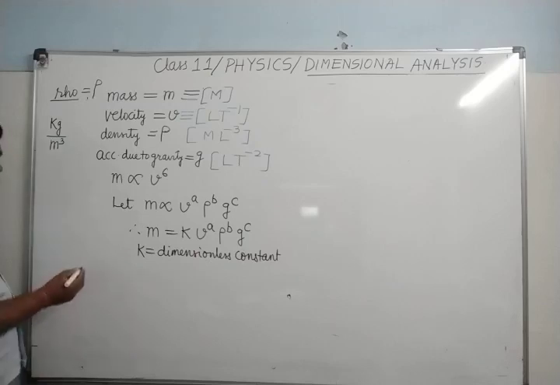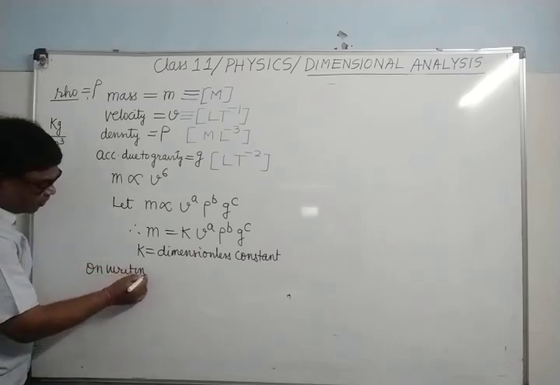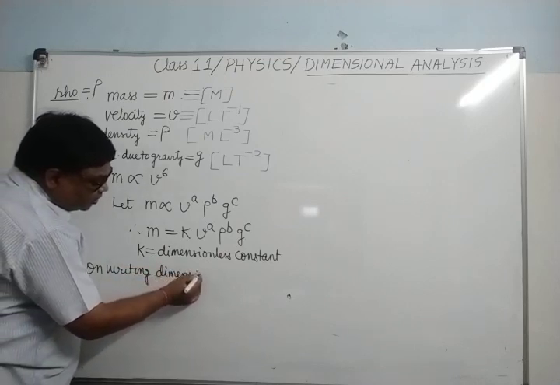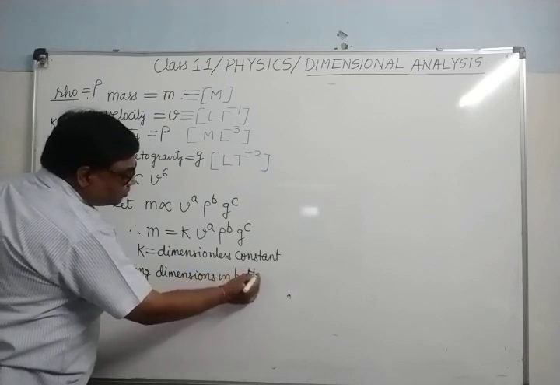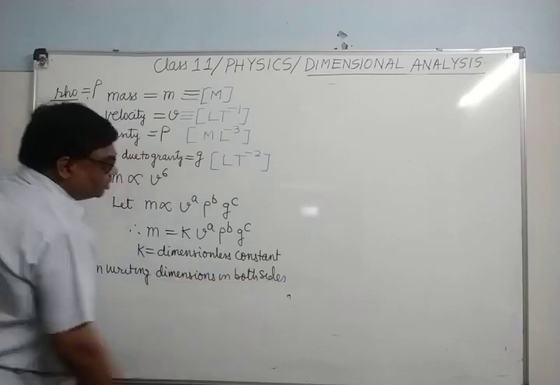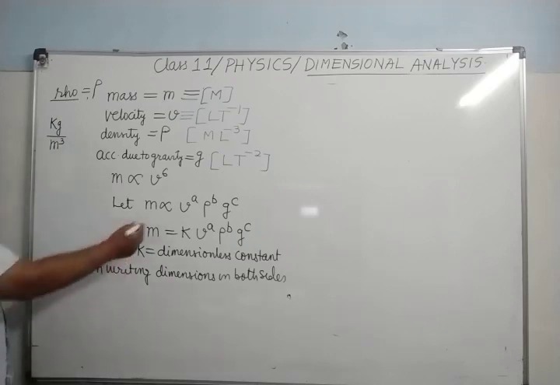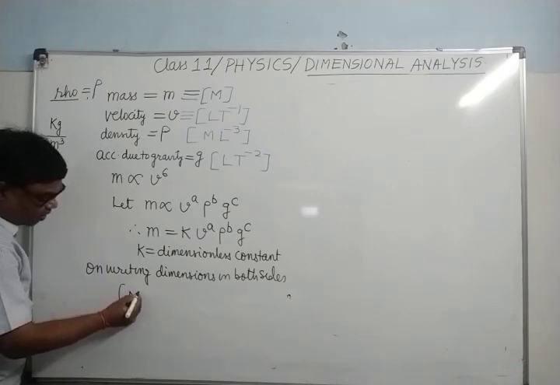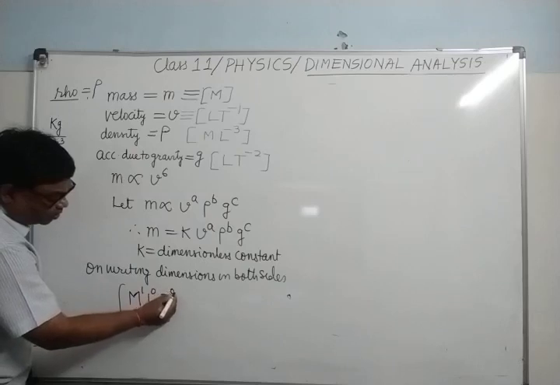Now I am writing dimensions on both sides. We have assumed that it is a correct equation, therefore it will be dimensionally balanced. So what is the dimension of m? Here it is M. There is no term of L, so L power 0, T power 0.